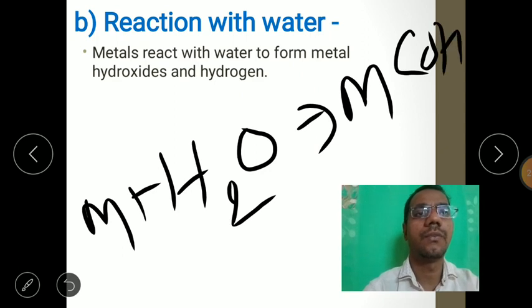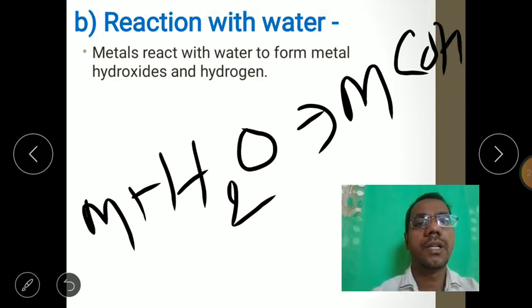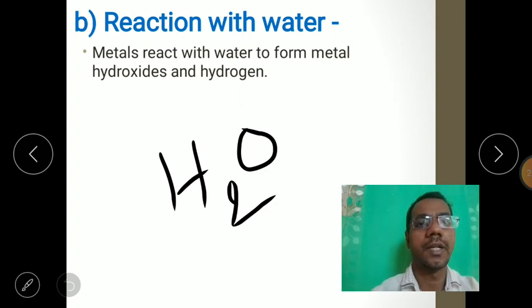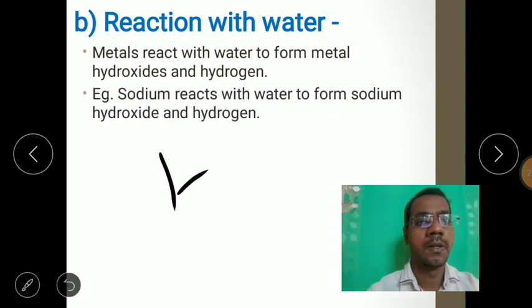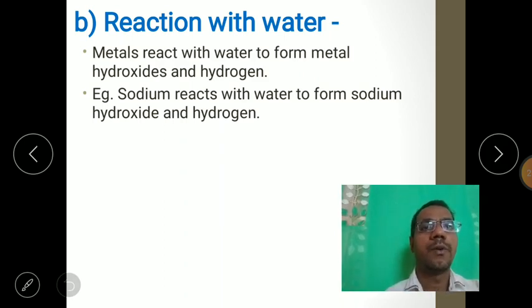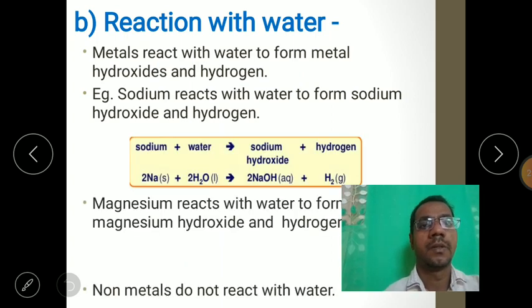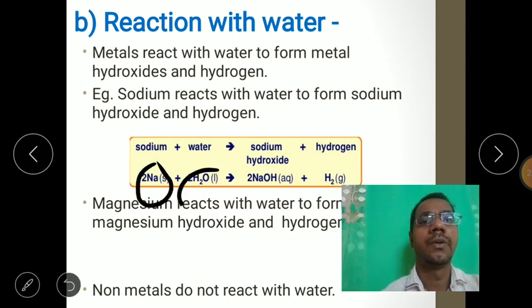So if OH is there, then we can say that it is a hydroxide. For example, sodium reacts with water to form sodium hydroxide and hydrogen. What is meant by hydroxide?